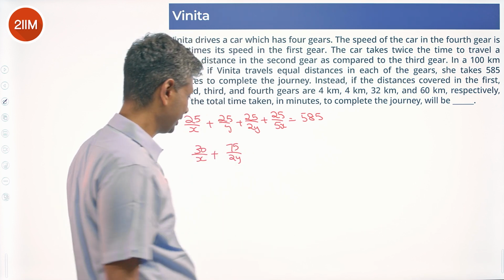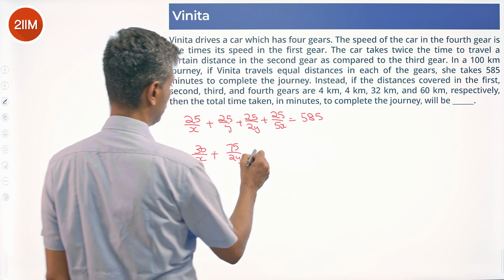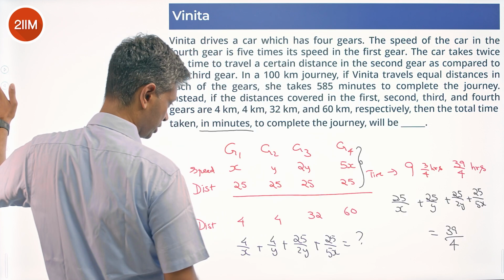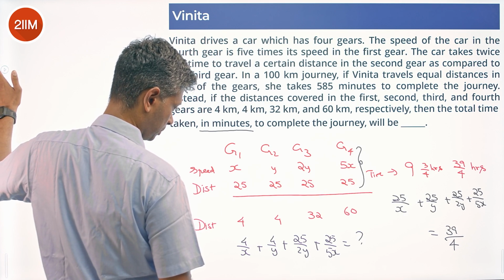Here x LCM is x, there LCM is 2y. This is equal to 585. The other equation, 4 by x.